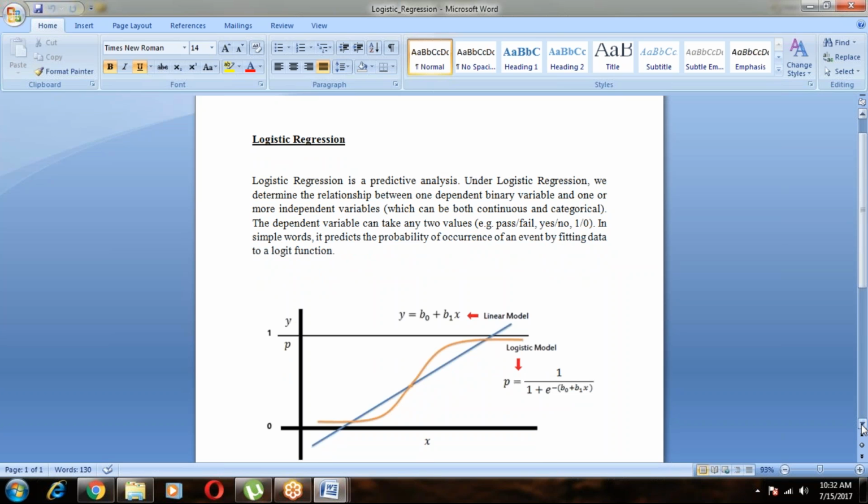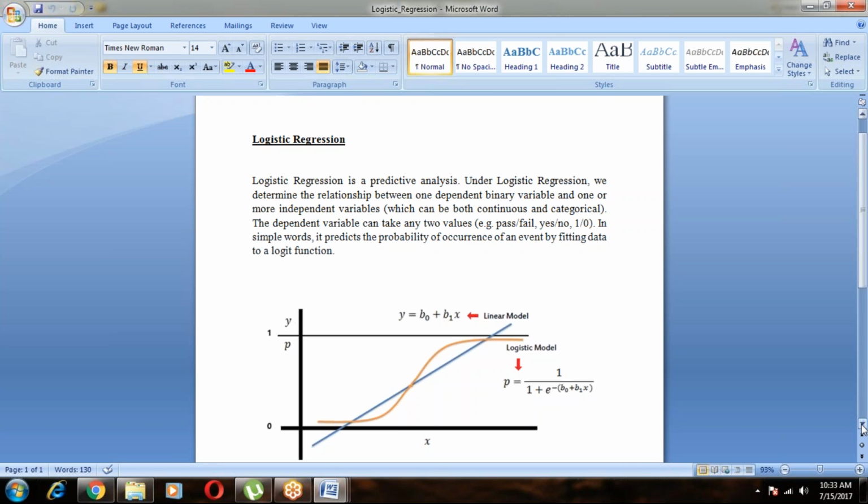Examples of binomial distribution: a financial institution wants to predict whether a new customer, who is taking some loan from the bank, is going to default in the future or not. So he will default or not, or he will buy the cross-sell product or not.